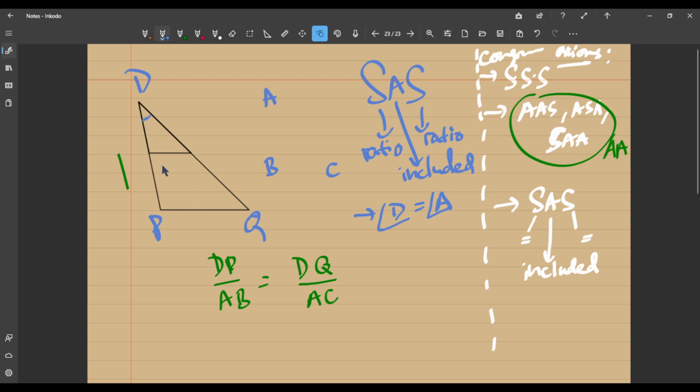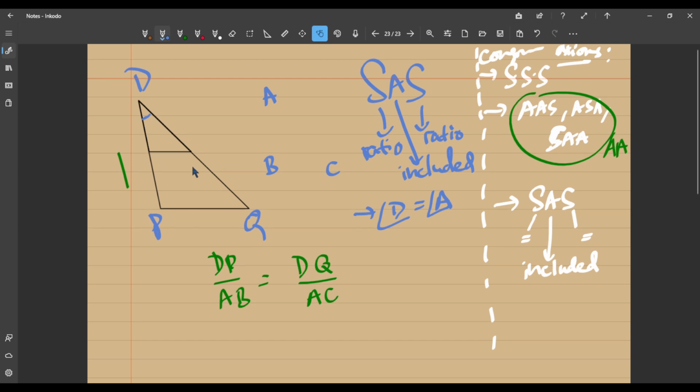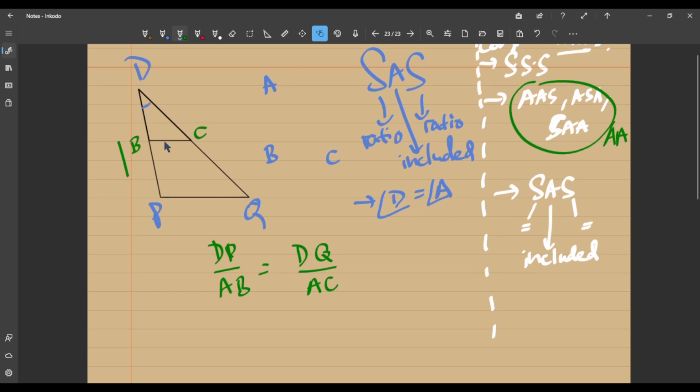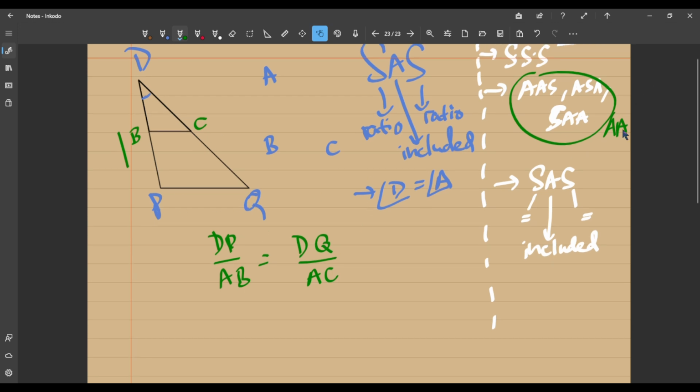Well, first of all, can we say that this line, I'll call it BC because that's the actual line I took there, divides the sides DP and DQ in the same ratio? Because it seems like it does. It seems like BC is parallel to PQ, but does it divide it in the same ratio?